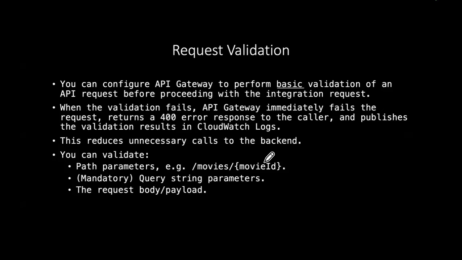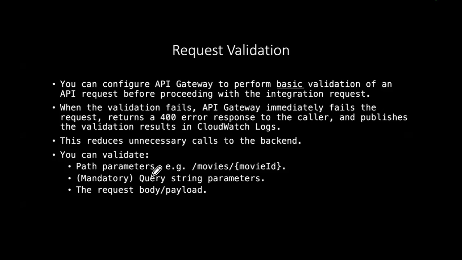Clearly, it can't do that level of validation. But if there was no movie ID at all, or no path parameter included in the request, then there isn't much point in sending that onto the Lambda. If there is something there, send it on to the Lambda, and it will then check to see if it's a valid movie ID vis-a-vis the DynamoDB table.